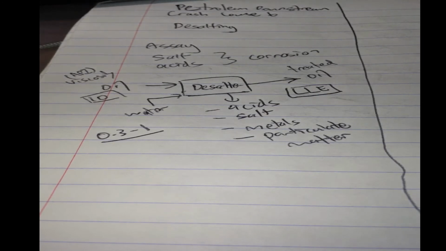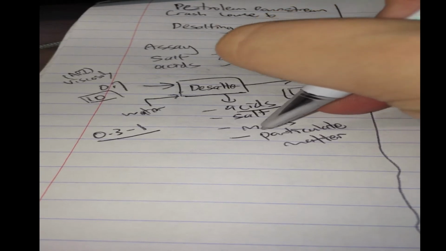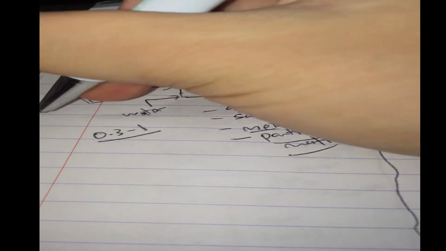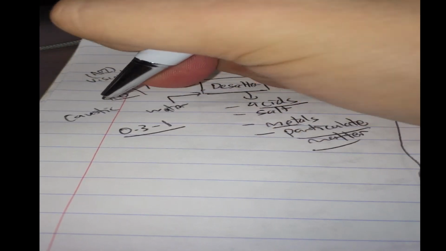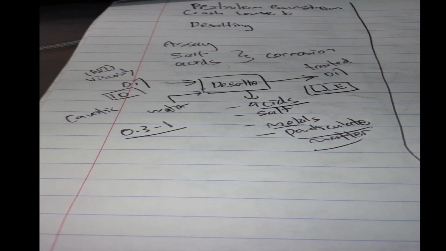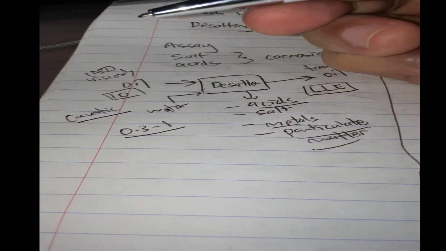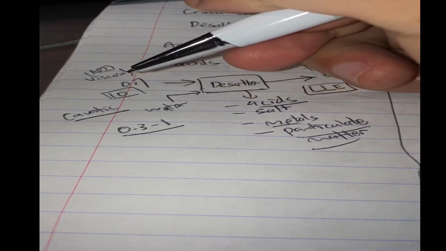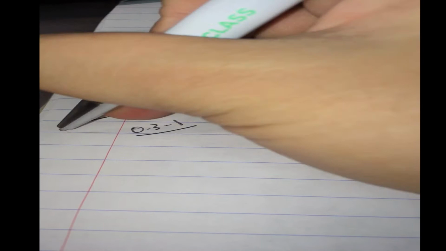And what else do you actually put in the water to get acids, metals, and all this stuff out? Sometimes you use caustic. These are what you call sodium hydroxide or alkali. Some alkali, small concentrations of caustic. And you also have something called a wetting agent.